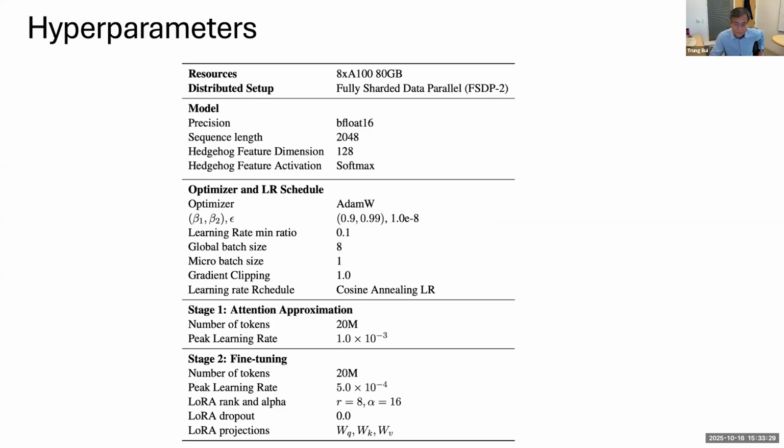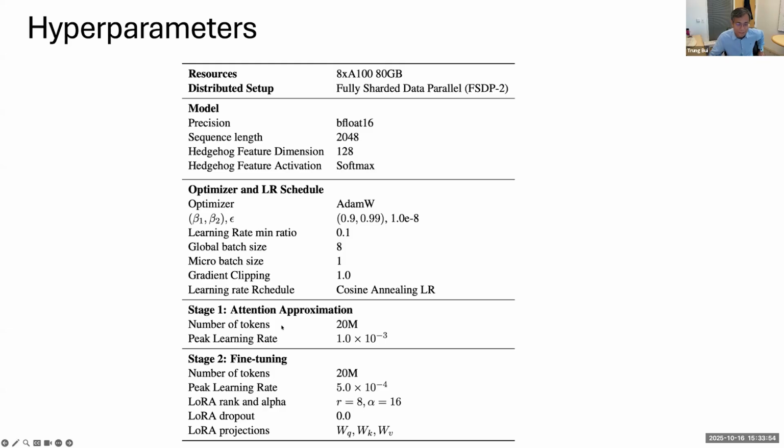As I mentioned, if we perform training from scratch, it will require a lot of GPU compute, but in this case, we only need one node of A100 GPUs, with a detailed learning parameter setting.